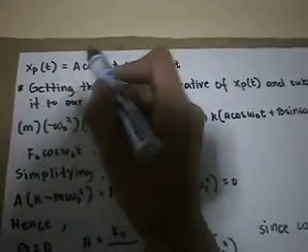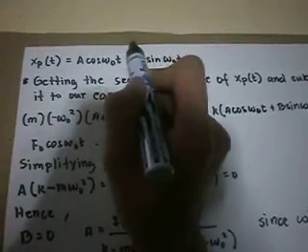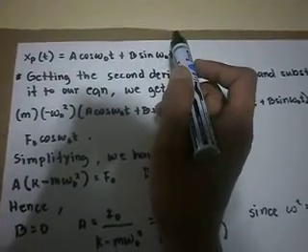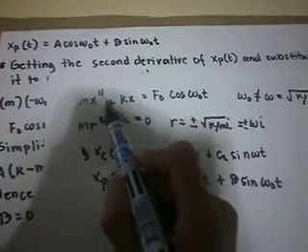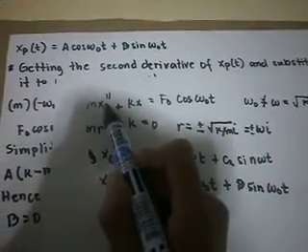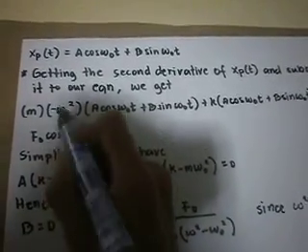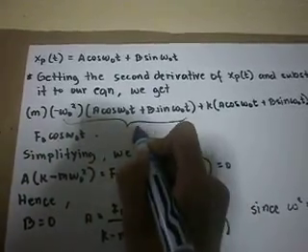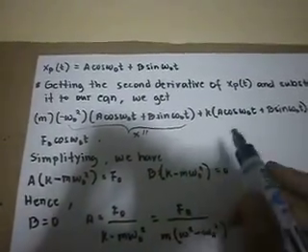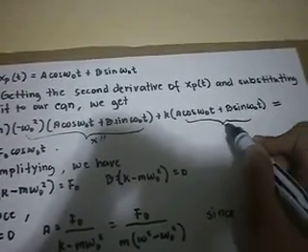In the method of undetermined coefficients, we find the second derivative of this and substitute it into our original equation. Our original equation a while ago was this one, right? So we get x prime, which is equal to this, and this whole term is our x double prime, and this one is our x.